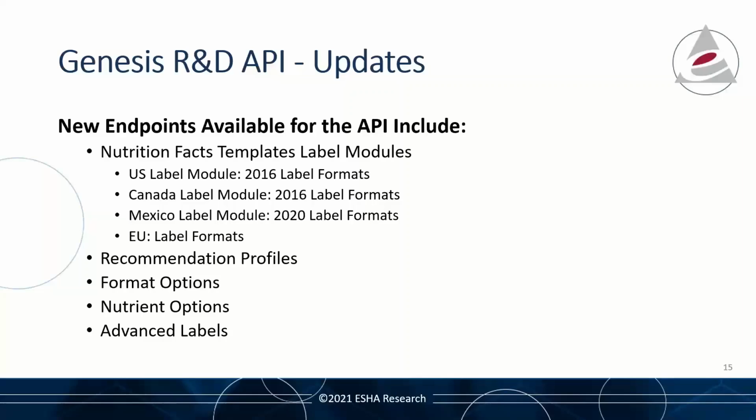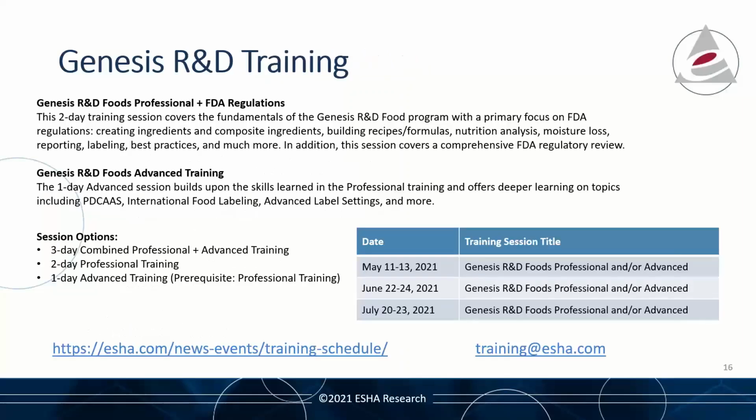Update to training. In addition to the webinars that we present here, we also offer formal instruction on the software. The Genesis R&D training classes dive much deeper into working with the software, features and discussion regarding regulations, specific scenarios, and best practices.